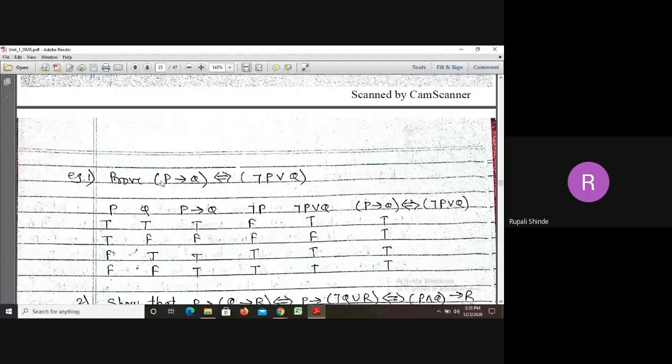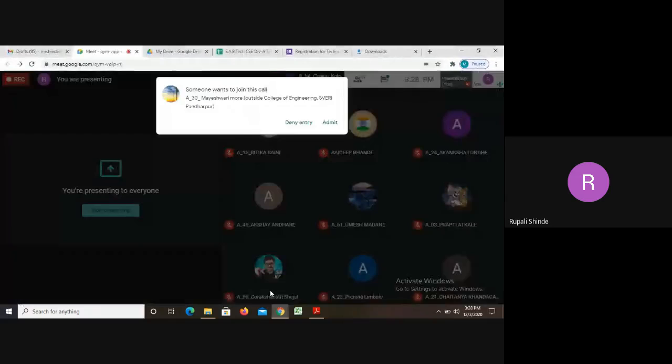There are two variables P and Q, so there will be 2 raised to 2, that is 4, possible combinations of truth values. Then we take a column for P conditional Q, then negation P or Q, and in the last column we prove the equivalence.